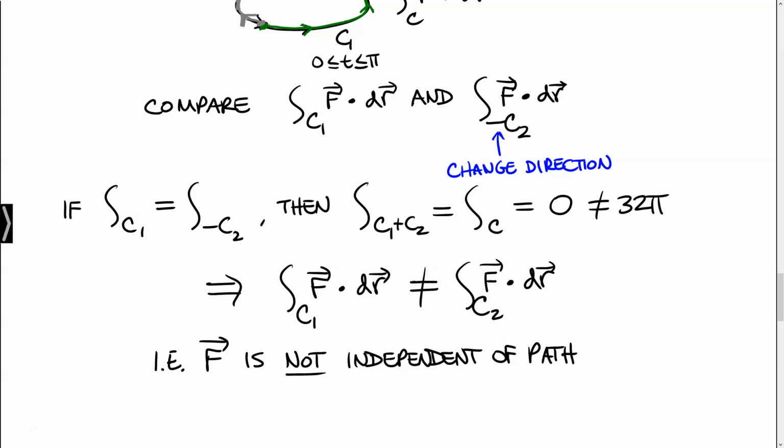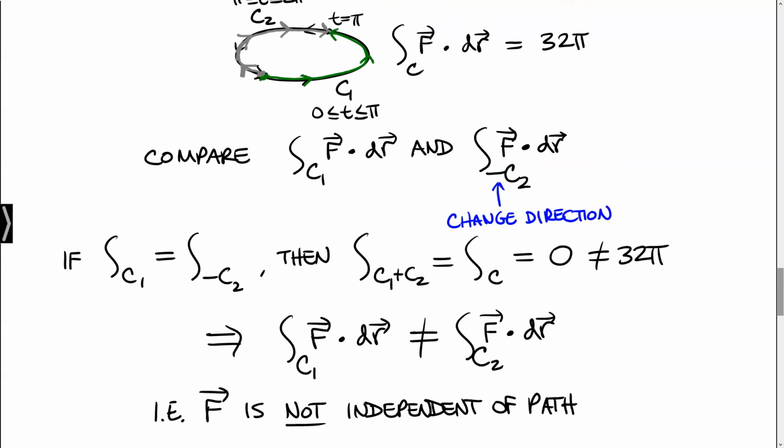That might raise the question, when is one of these line integrals of a vector field going to be independent of path? That turns out to be a really important question, and we'll get a more complete answer to that later when we talk about conservative vector fields versus fields that are not conservative.